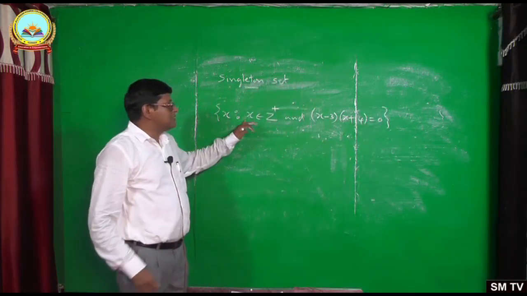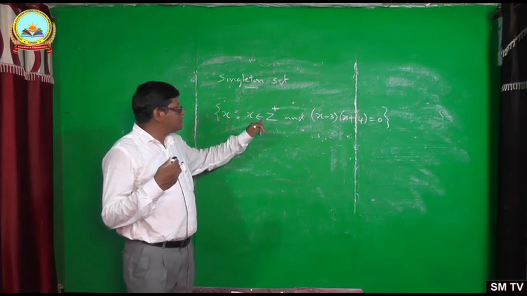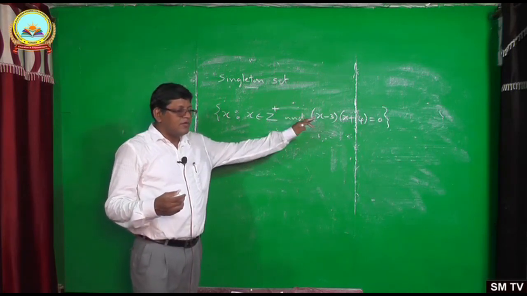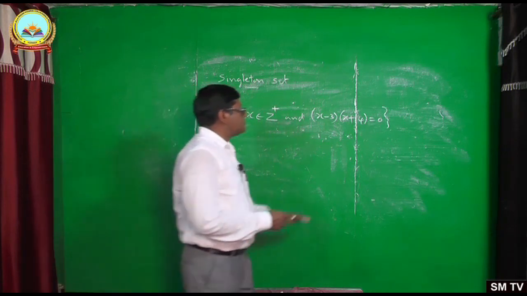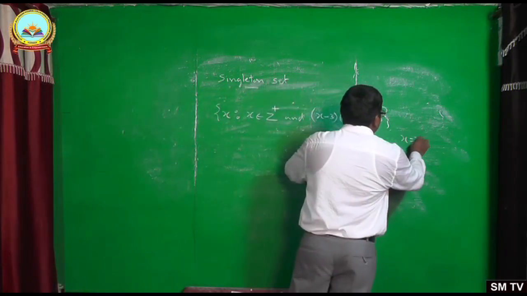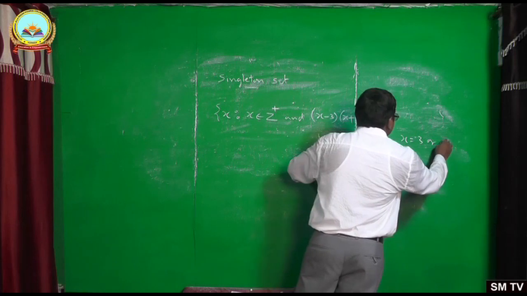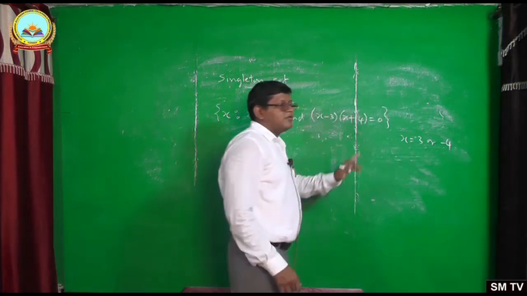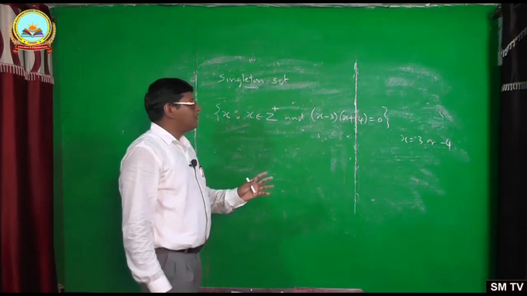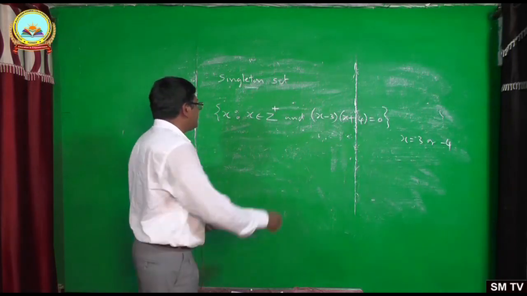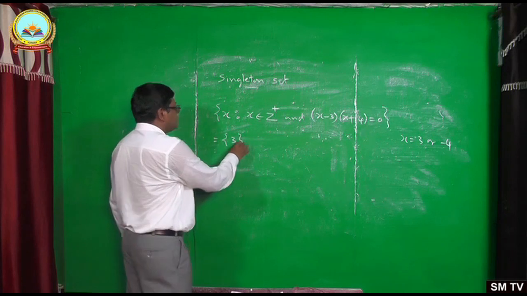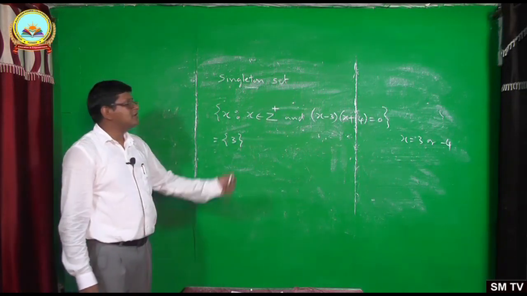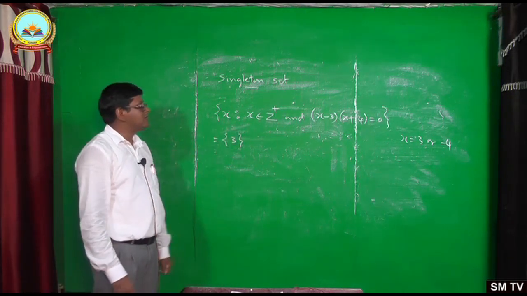This is the set of all those positive integers which satisfy this equation. If we solve this equation, we get x is 3 or x is minus 4. 3 is a positive integer, but minus 4 is not a positive integer. Therefore, this set contains exactly one element, that is 3. Therefore, this set is a singleton set.